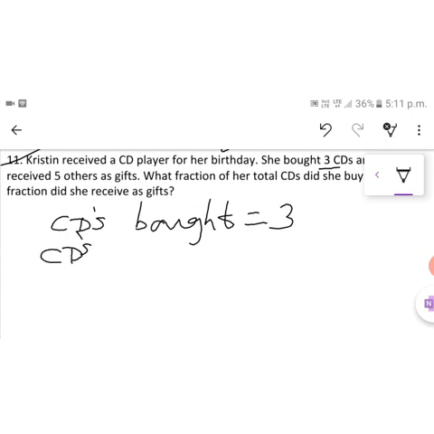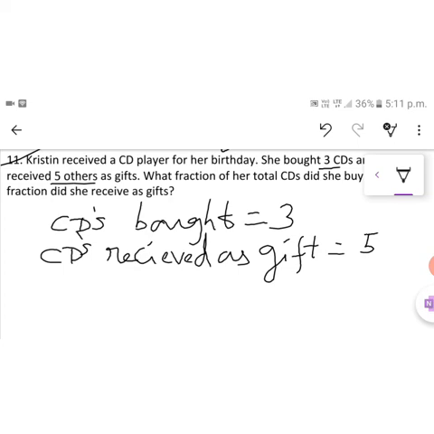CDs received as gift equal to 5. Total CDs equal to 3 plus 5 which is equal to 8.